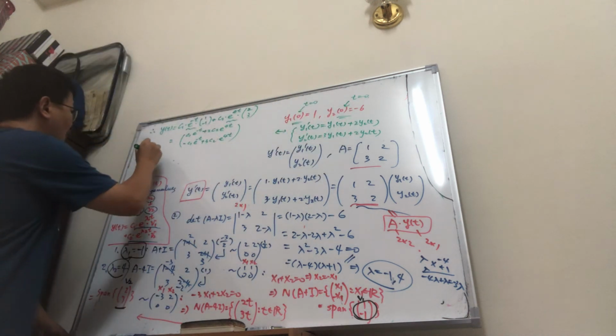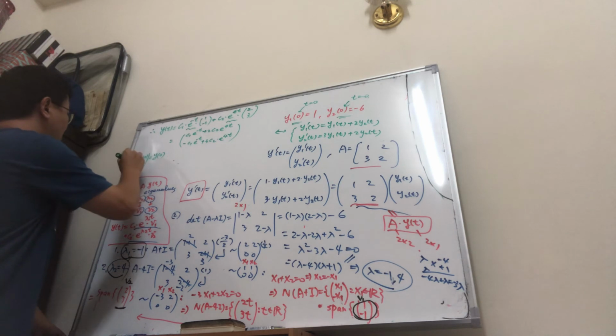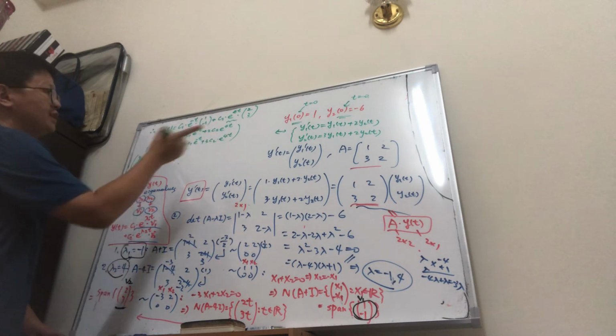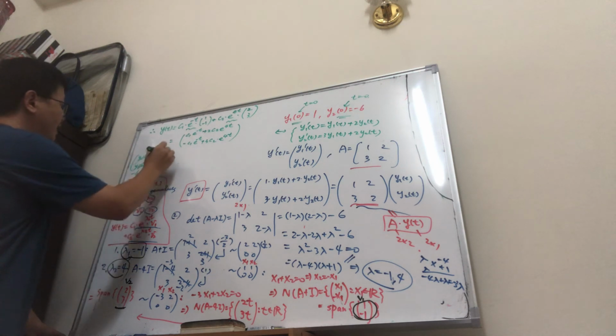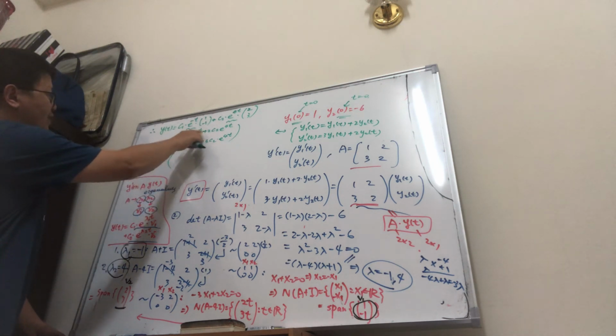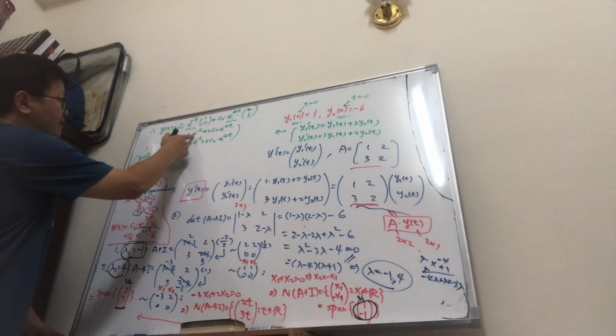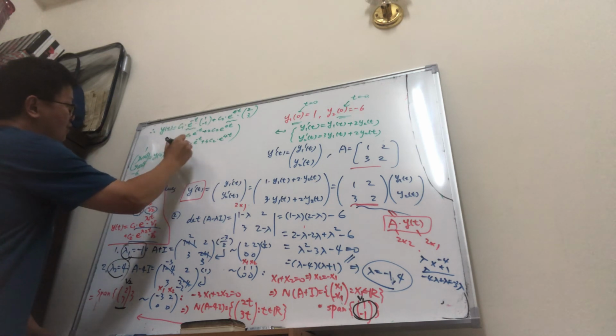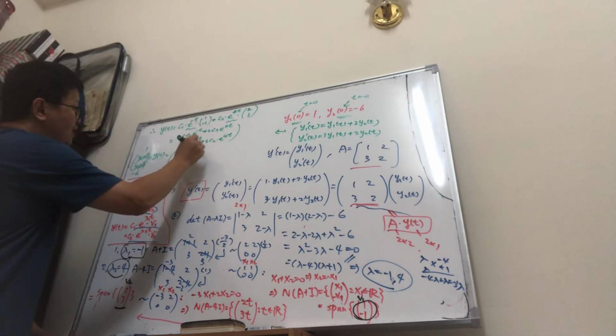So y(0) is equal to y1(0), y2(0), where y1(0) is 1 and y2(0) is negative 6. Once you plug in the value 0, exponential of negative 0 is 1.